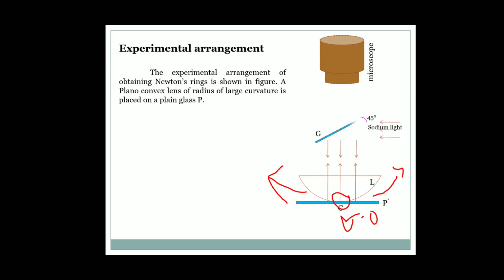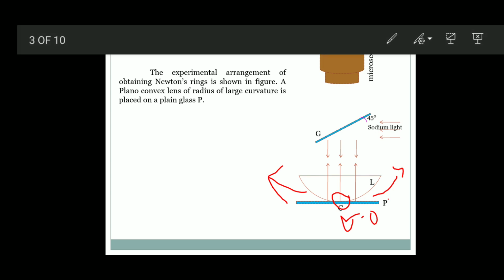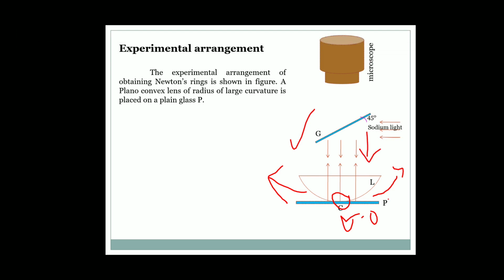This glass plate G makes 45 degrees with the normal. When a light ray is incident on this glass plate, it is partially reflected along this direction. So when monochromatic light like sodium light is incident on the glass plate G, it is partially reflected along the combination of the lens and glass plate.